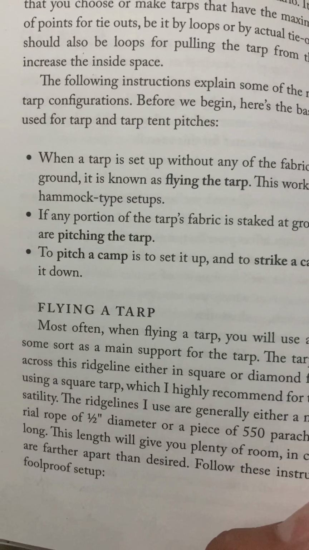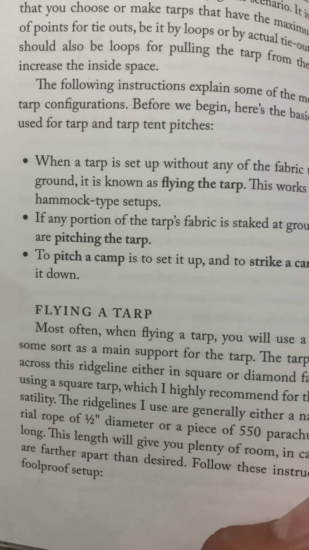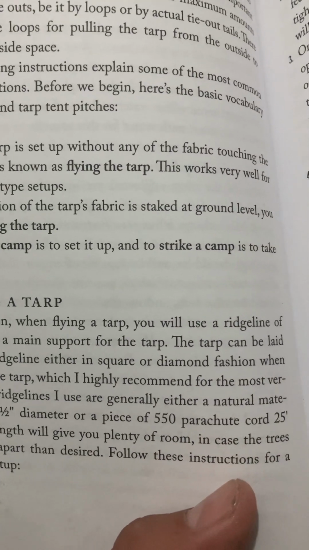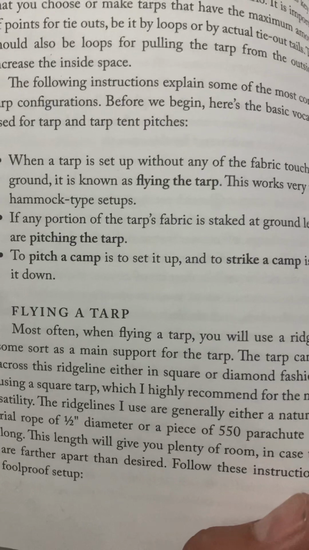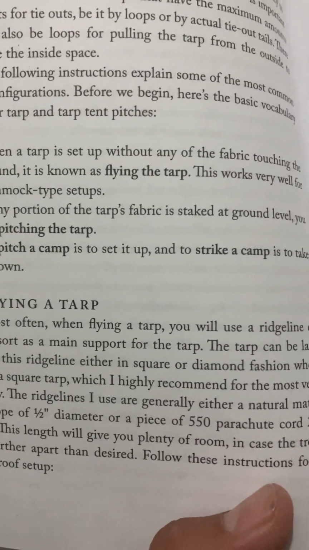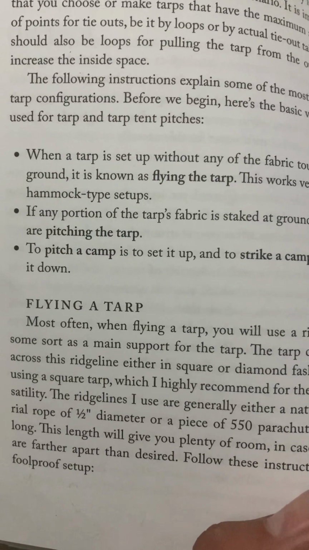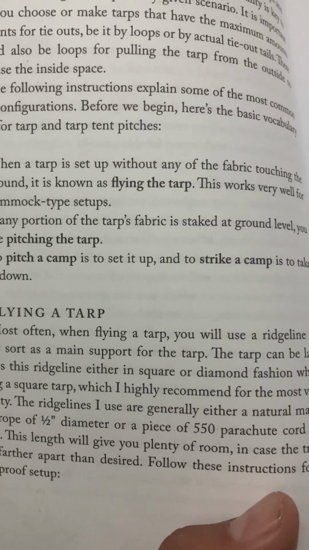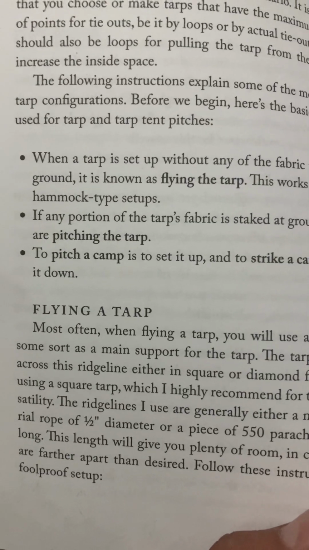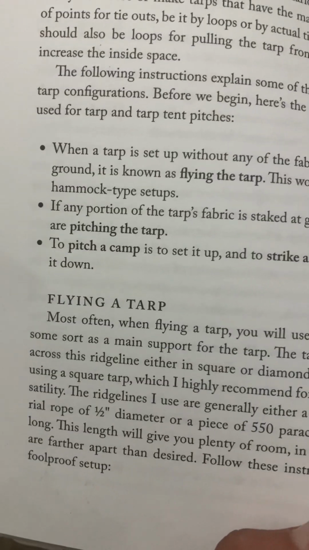When using a square tarp, which I highly recommend for the most versatility, the ridge lines I use are generally either a natural material rope of a 1/2 inch diameter or a piece of 550 parachute cord 25 feet long. This length will give you plenty of room in case the trees are farther apart than desired. Follow these instructions for a foolproof setup.